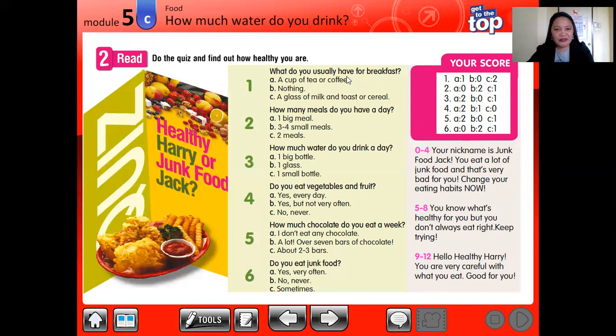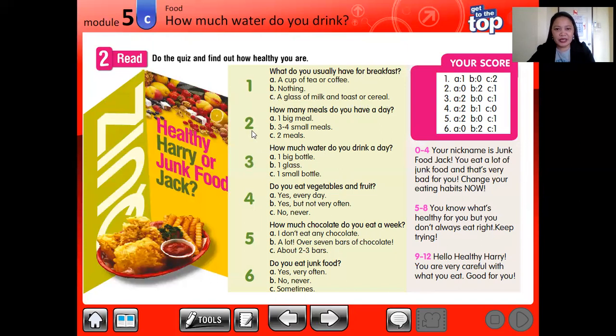A cup of tea or coffee, nothing, or a glass of milk and toast or cereal. What do you usually have? All right, so you have to select your answer.